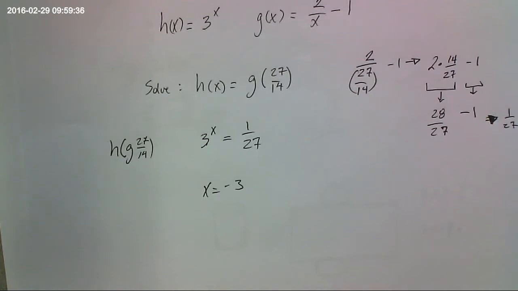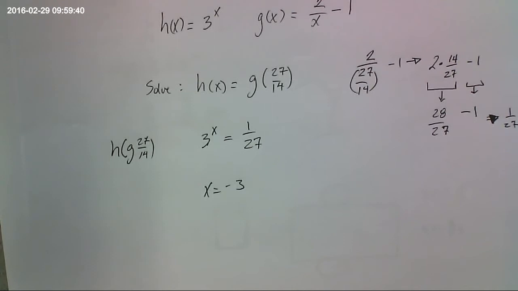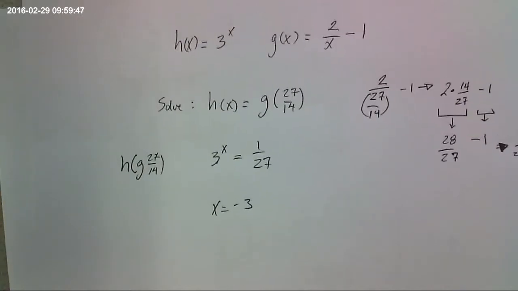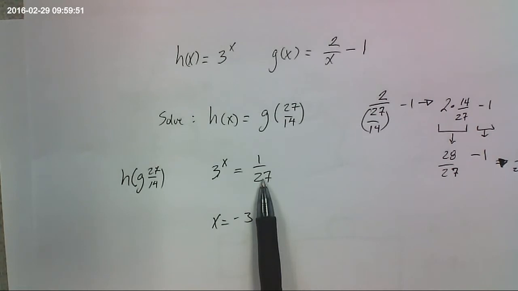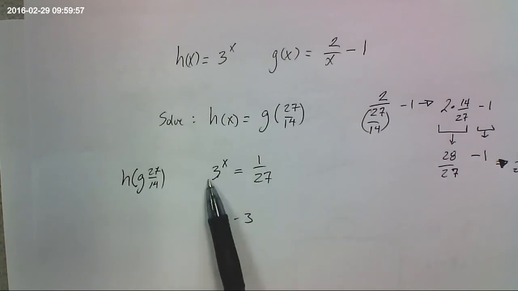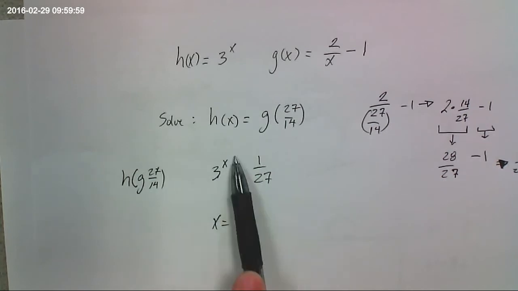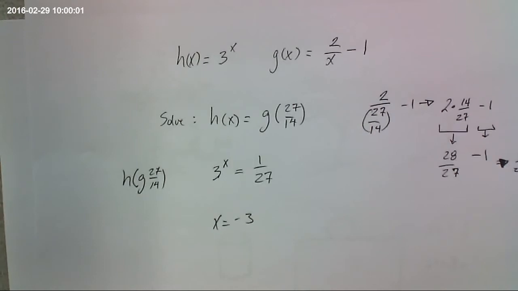Why does it equal negative 3? What's the clue, Michelle? Because you need to write down the clue so you can get this right tomorrow. What's the clue? Exactly, Michelle. This is a fraction. Very good. Since that's a fraction, and we're dealing with an exponent, and the base is not a fraction, that means it's a negative exponent for sure.